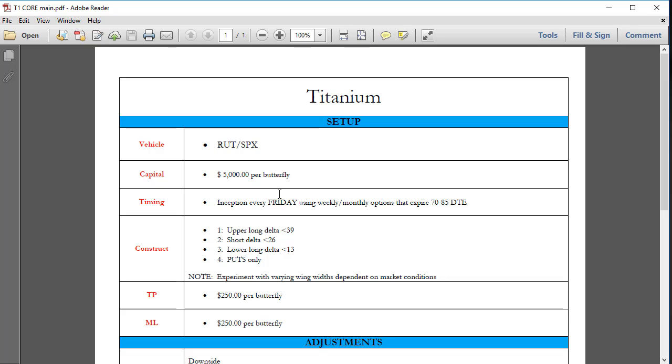And one way you do that is by learning multiple different methods, multiple different strategies, some of which work better in certain market conditions. For example, a low volatility environment is going to react differently than a high volatility environment. So one set of trades will perform exceptionally well, while another set of trades will perform poorly.